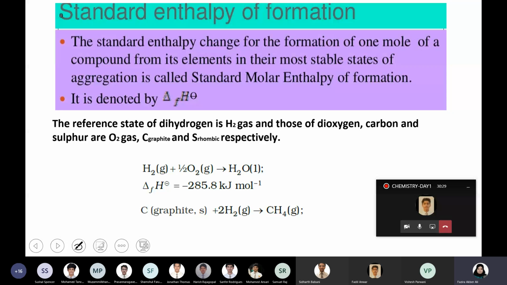And as I said, you should specify the state. If allotropes are possible for a particular element, you need to specify which one, and also the state.